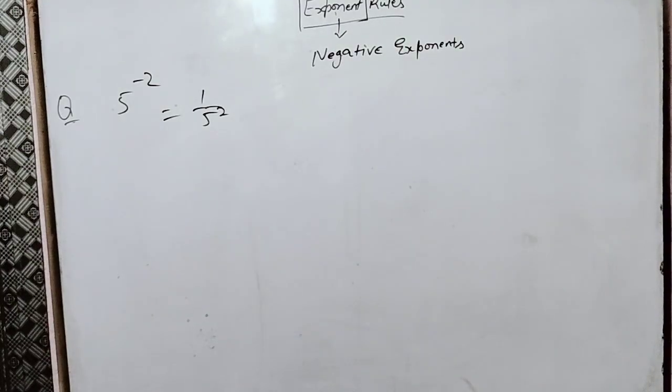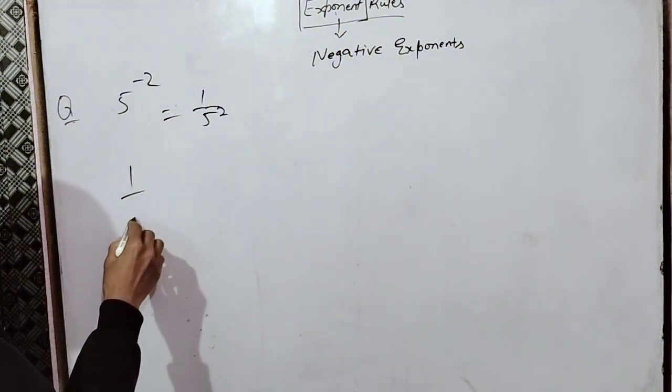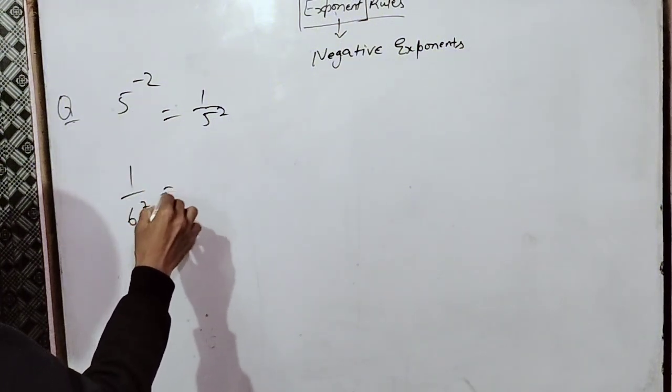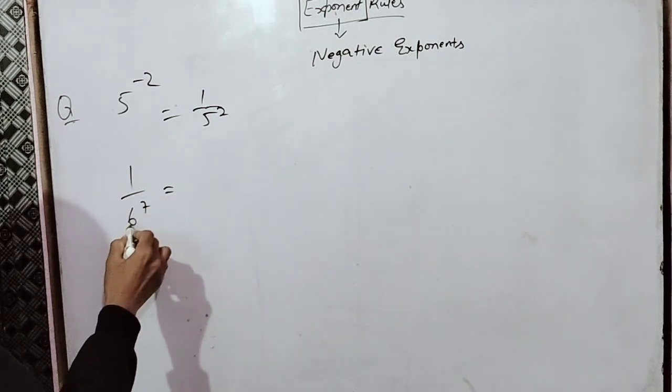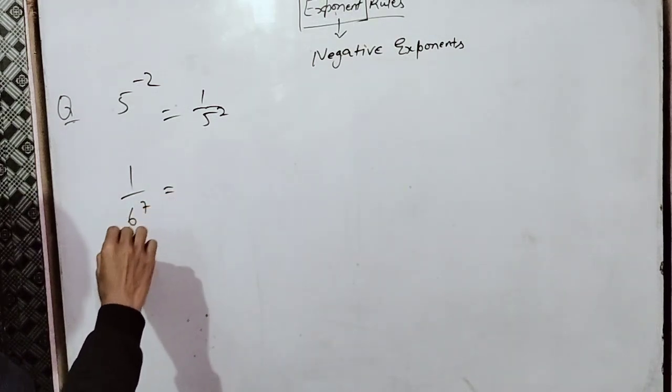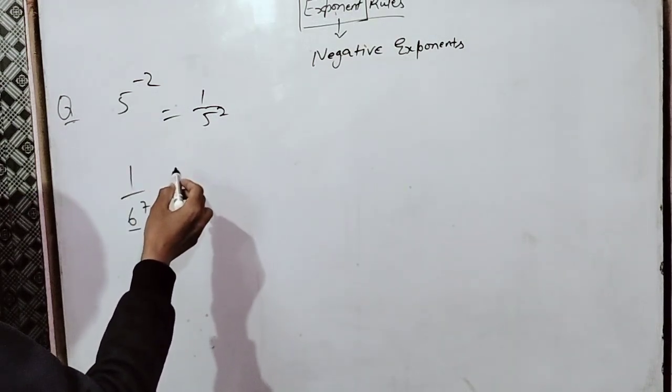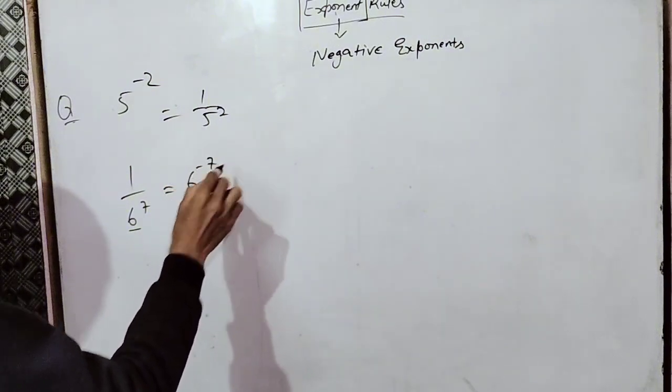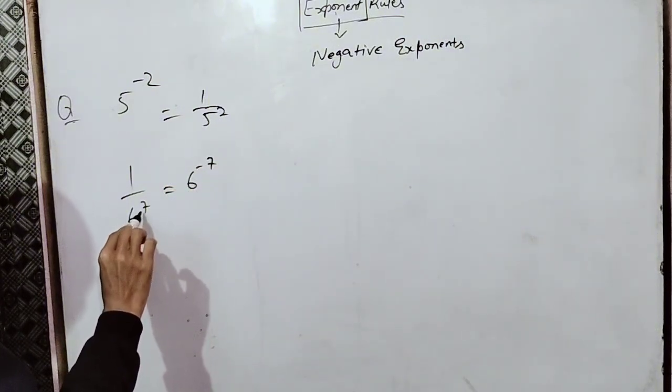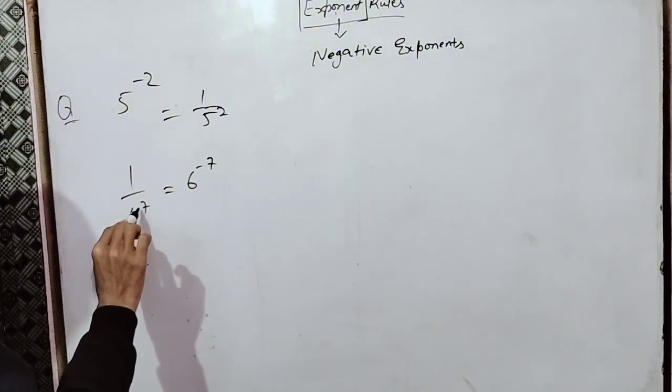Okay, this is just a way. If you have 6 raised to a power and you write it in the numerator, then you will write it like that, because here you can see this exponent 7 is with addition.